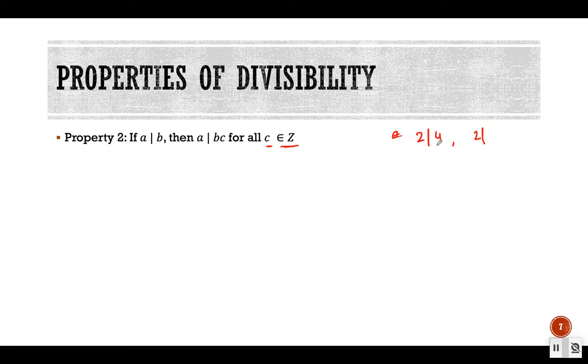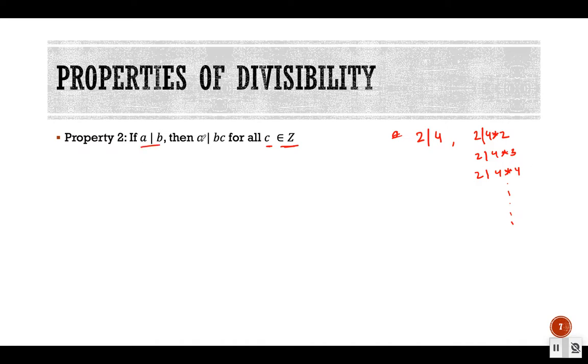Let's say this one is our b, so 2 is going to divide 4 times 2, 2 is going to divide 4 times 3, 2 is going to divide 4 times 4, like that. And c can be 2, 3, 4, any integer number.